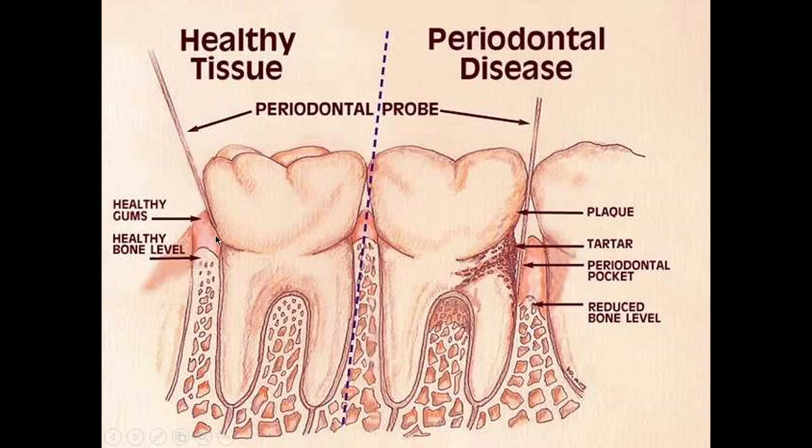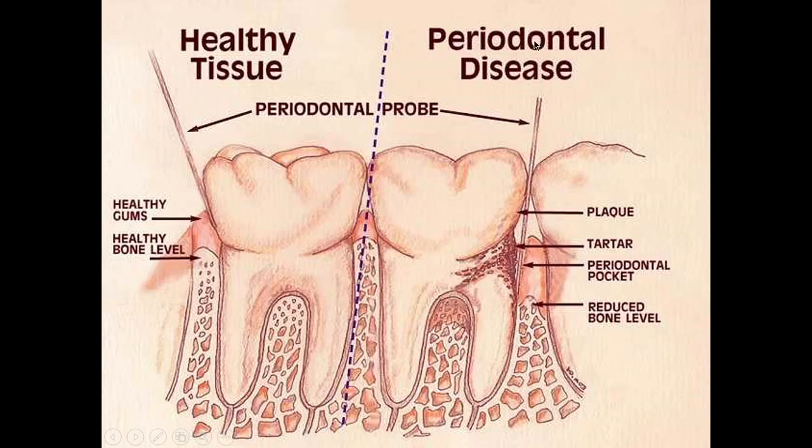So in the healthy tissue, the probe will travel to the end of the gingival sulcus or gingival groove till this point, because we have a healthy junctional epithelium and a healthy bone level.